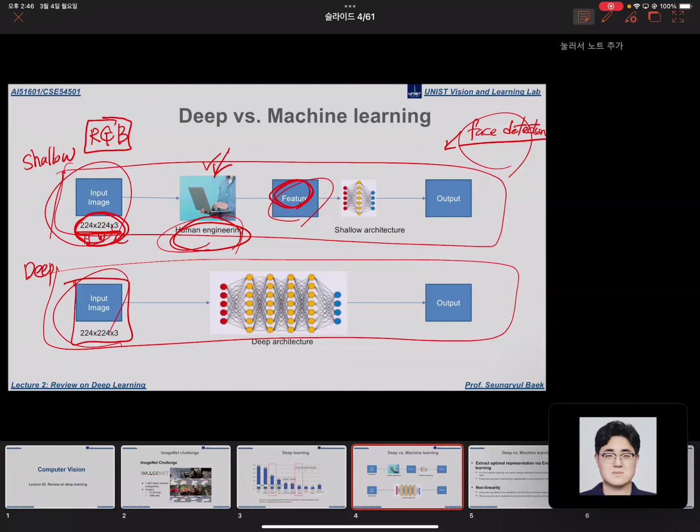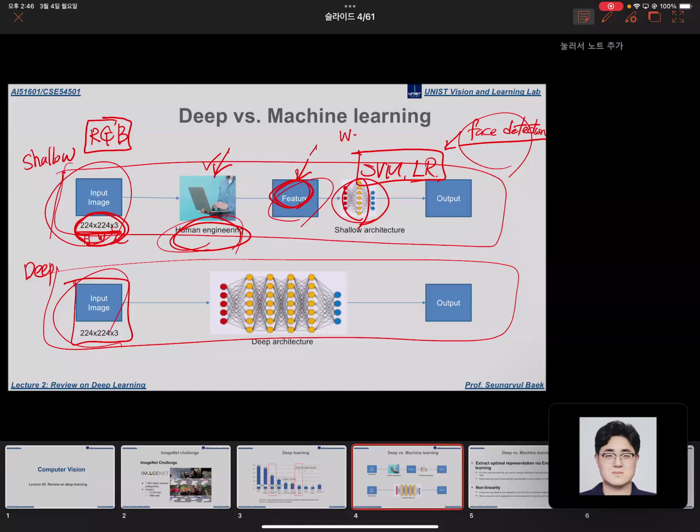And then when features are extracted, we input them to some shallow learning algorithm, such as SVM and logistic regression method and others, okay? So most of these shallow learning architectures have just one layer, okay? They are just multiplying some parameter.